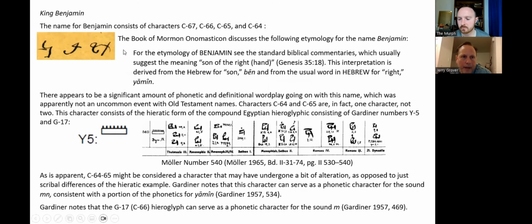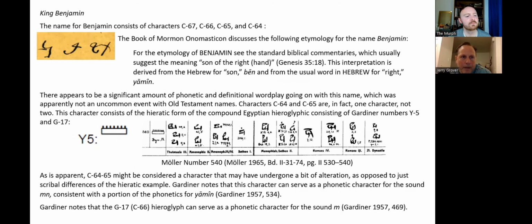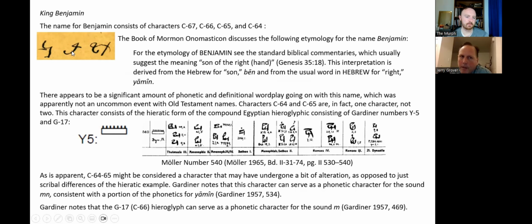Then we're looking at this. So this glyph, like I mentioned, has a sound M. Then for the other glyphs, this is one that doesn't correlate that well.